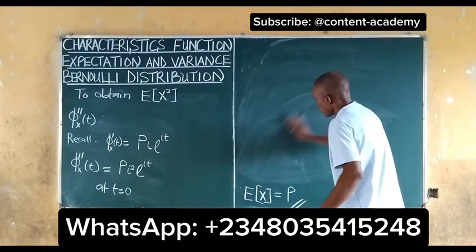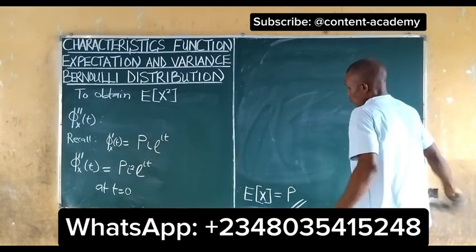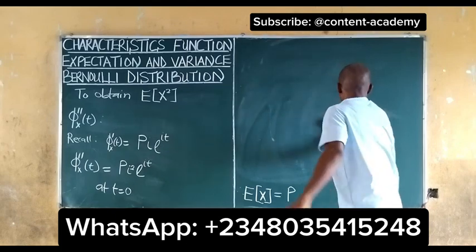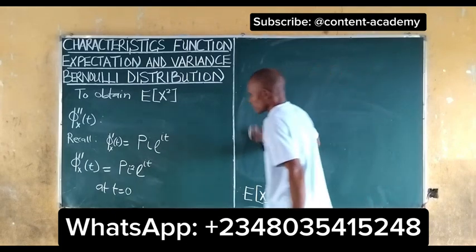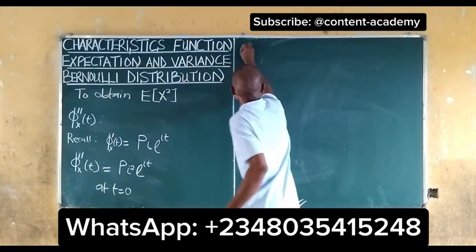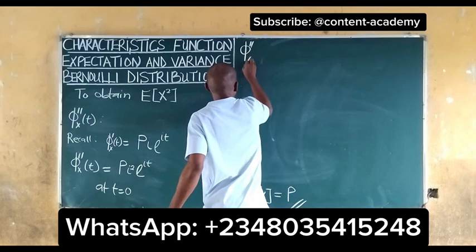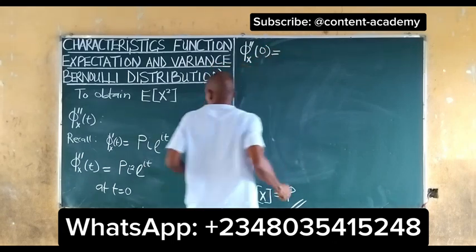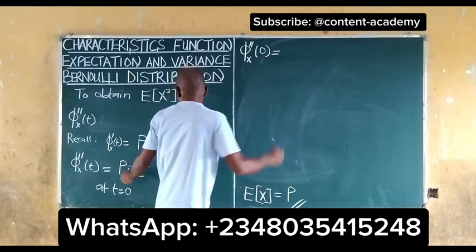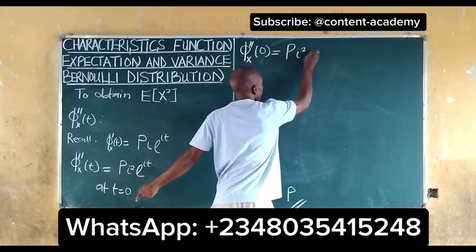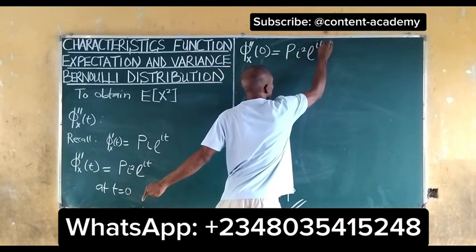We should not forget that we got our expectation of x to be p. So at t equal to 0, we can write our derivative as p i squared e^(i0).